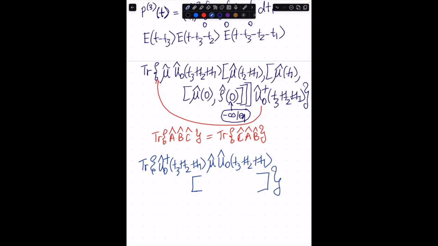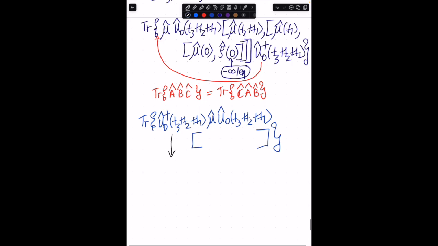And then this term, which I have gotten here, if you can notice, is just your dipole operator at t3 plus t2 plus t1. So it's the dipole operator in the interaction picture, but we aren't writing the I at the bottom because the dipole operator is independent of time in the Schrodinger picture, as I previously described.